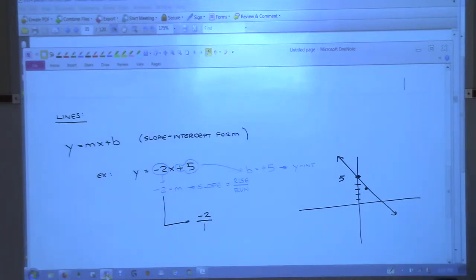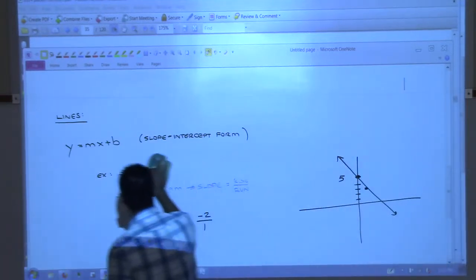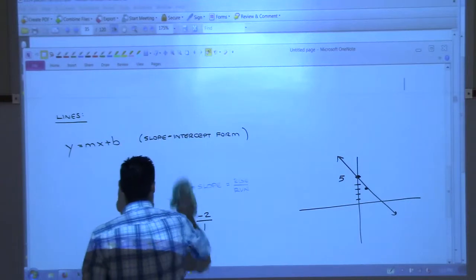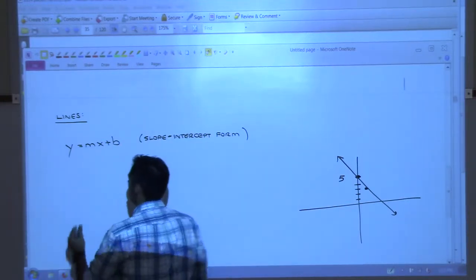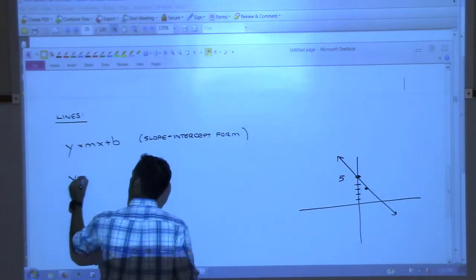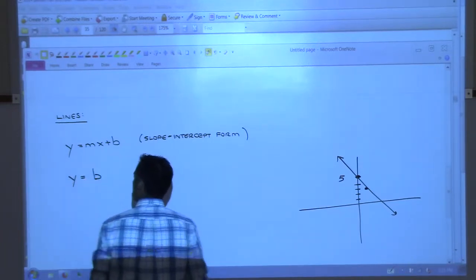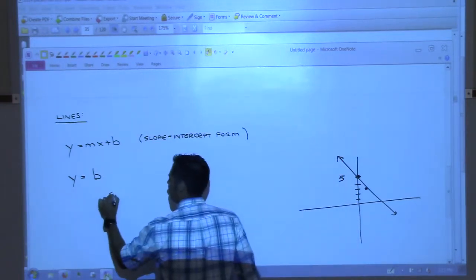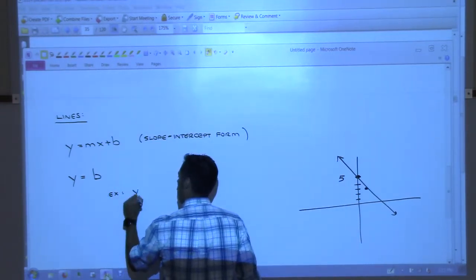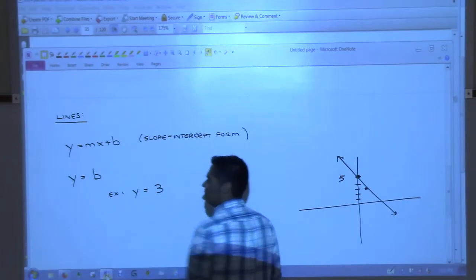There's some other forms that you should be aware of. Y equals b. Let me give you an example first. Y equals 3.